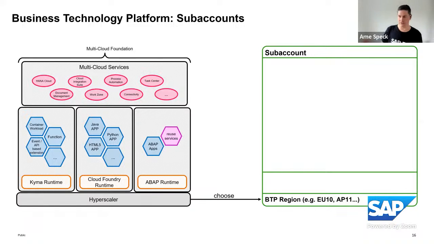Let me give you an interesting piece of information. SAP decided to invest heavily into the data center build-out for BTP. And I'm happy to tell you that SAP decided to have at least 10 new locations by the end of 2025 where we will provide BTP from.